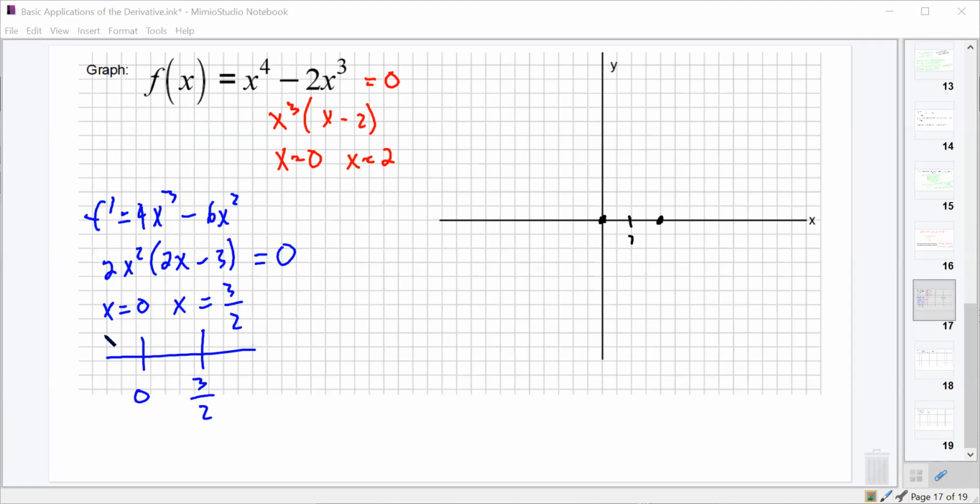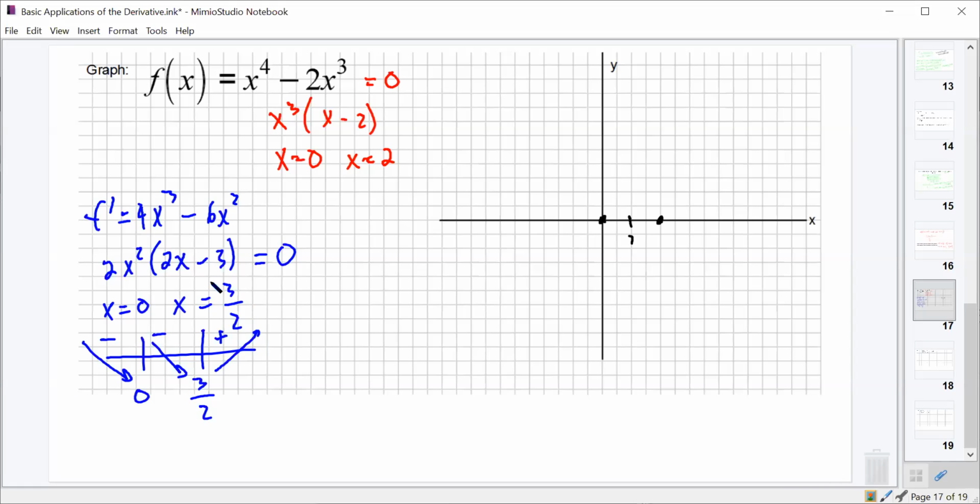So we should have a negative, which means our function should be decreasing. Between 0 and 3 halves, like 1, we should end up with a positive times a negative. So we're still decreasing here. And then greater than 3 halves, like 1,000, this should be positive and positive. So now our function should be increasing. Everybody good with that? Hopefully.